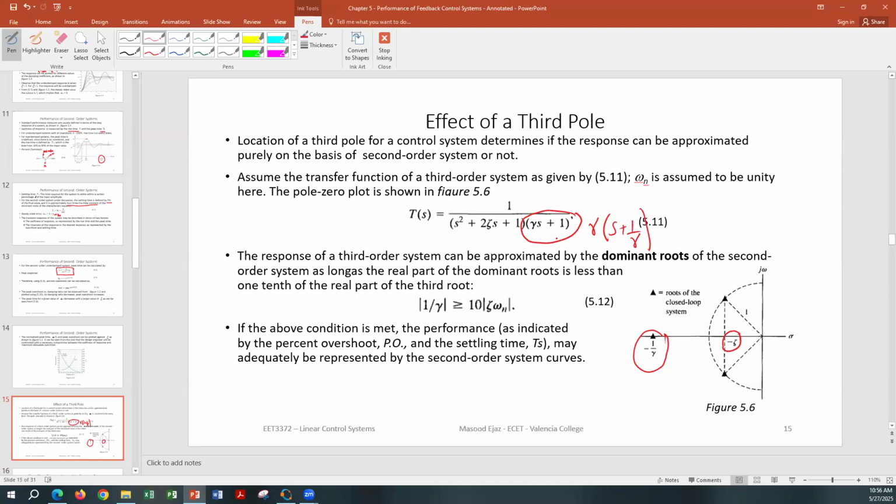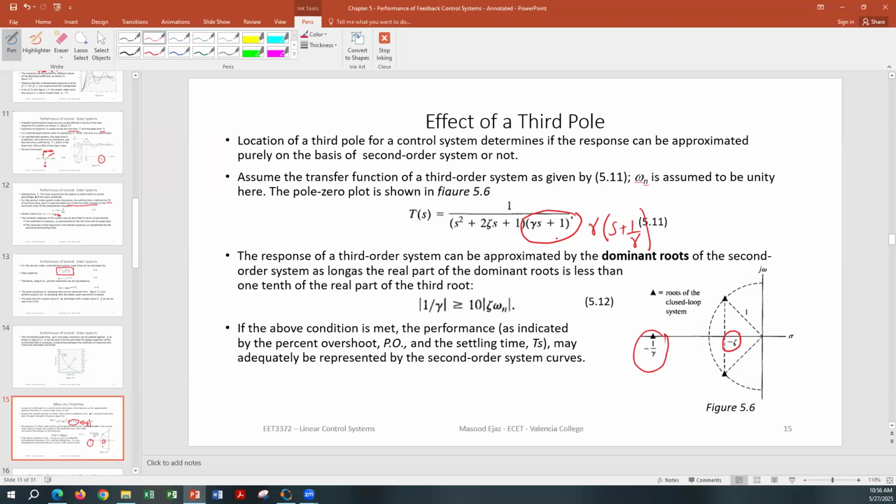If zeta omega n is 2, and this thing is 20 or more than 20, then this factor is not really going to affect the shape of the second order system, because the exponential function associated with the third root is going to be an exponential function and this is going to be an oscillatory exponential function.